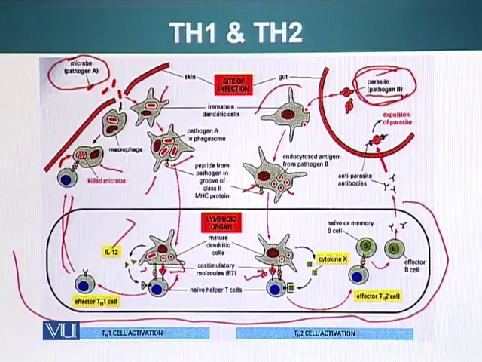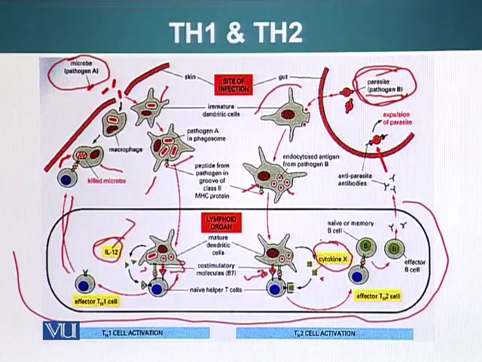So now this dendritic cell can activate the T cell, and in this case our dendritic cell is not producing interleukin 12, which it was doing in the other case. It's producing a different type of interleukin signaling molecule, denoted by cytokine X, but it generally can be interleukin 4, for example.